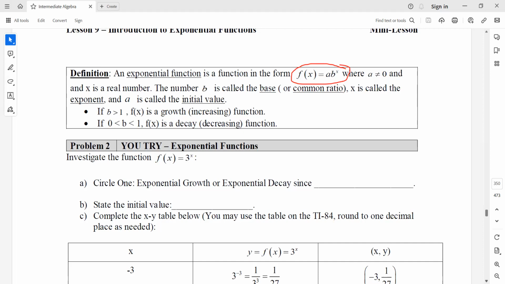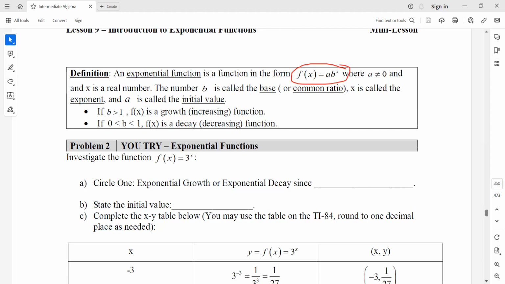What about a? A is called the initial value or the starting value or the starting amount. Now, if b is greater than 1, then the exponential function is increasing, or it's a growth function. If b is less than 1, but greater than 0, it's a decreasing function or a decay function.